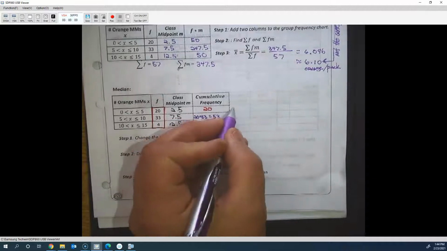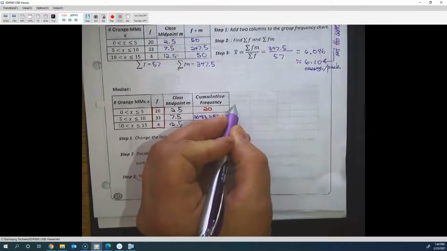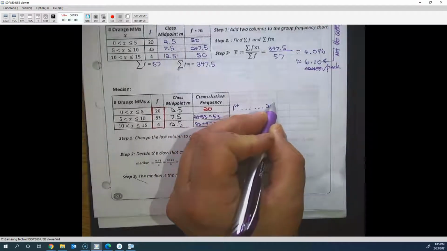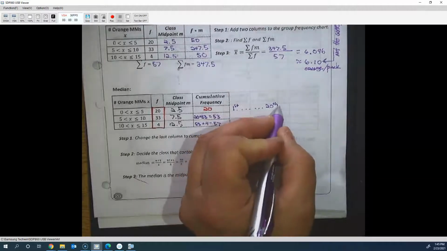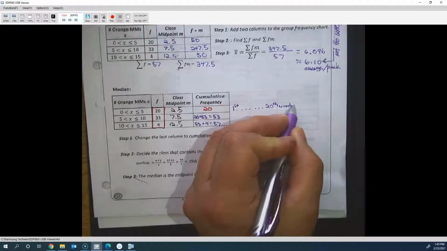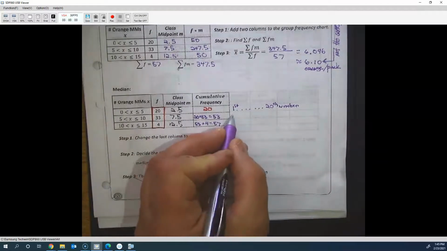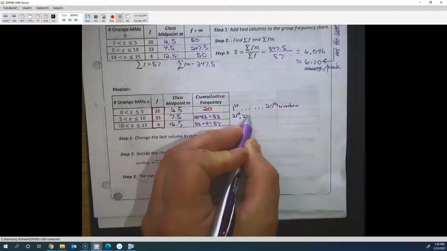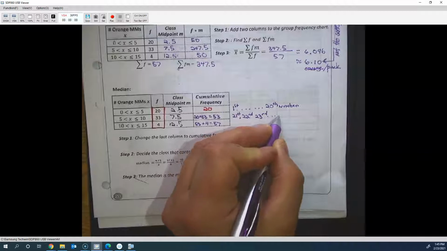Now what the cumulative frequency is telling you is that this class contains the first through the 20th number. The second class, 5 to 10, contains the 21st, 22nd, 23rd, dot, dot, dot, until you reach the 53rd number.